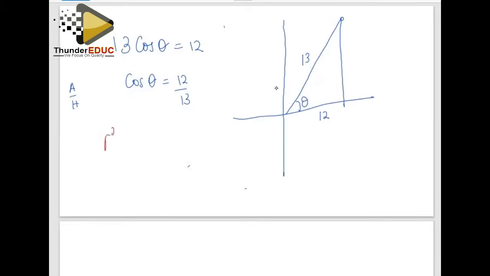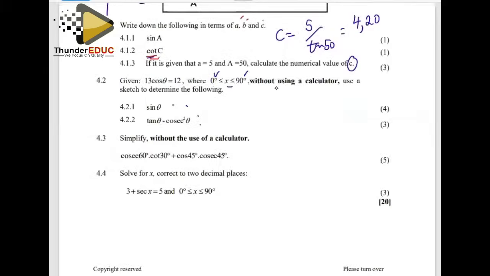Using the theorem of Pythagoras, r squared is equal to x squared plus y squared, so your y is going to be the square root of 13 squared minus 12 squared. That's 169 minus 144, which gives us 25, which gives us 5 as our answer, positive 5.